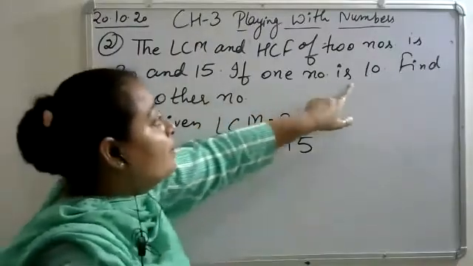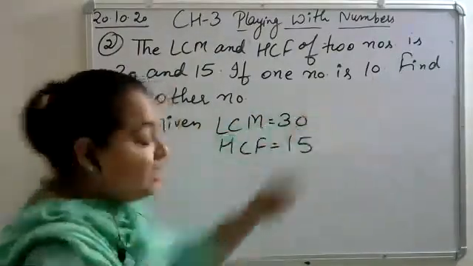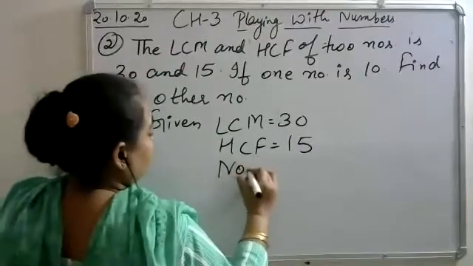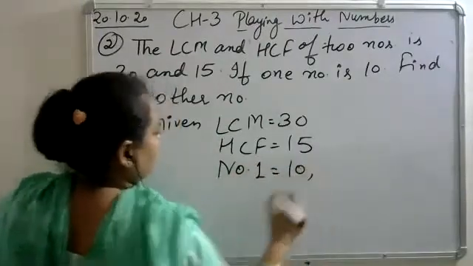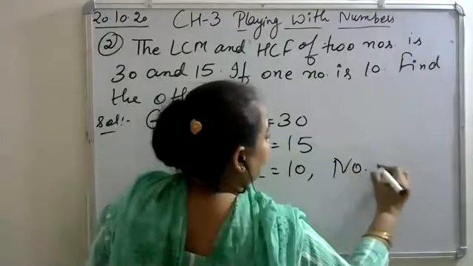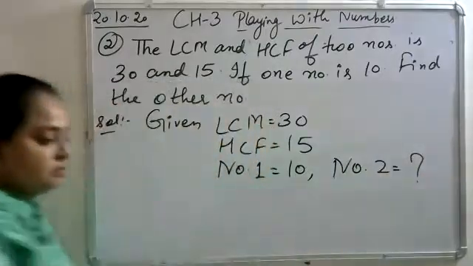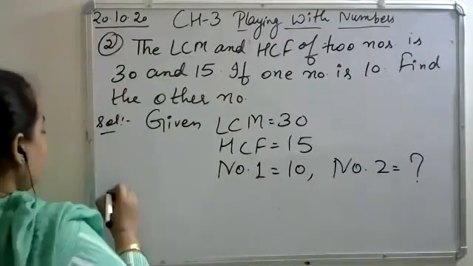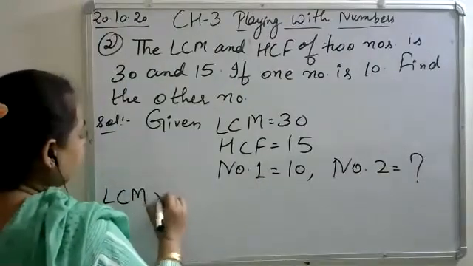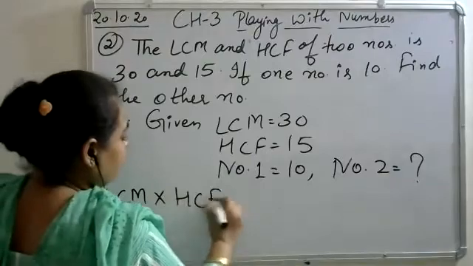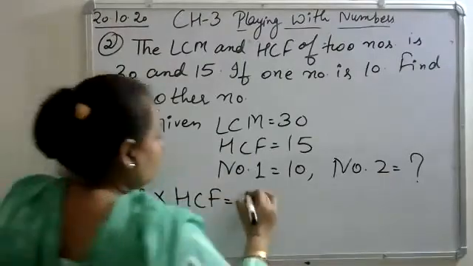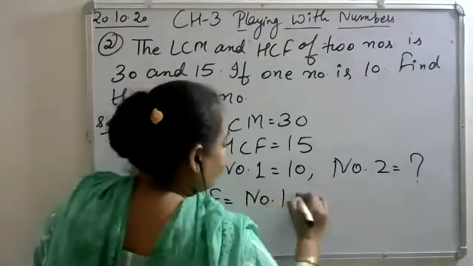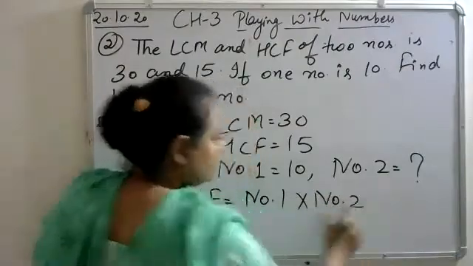If one number is, number 1 is given to you, then number 2 is question mark. Now apply the formula of relation: LCM into HCF is equal to number 1 multiplied by number 2.